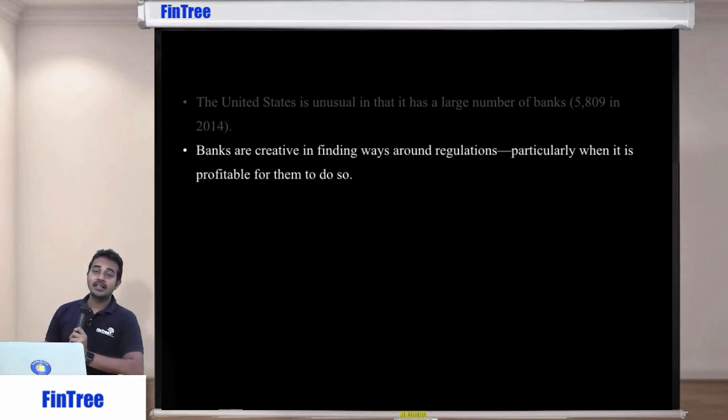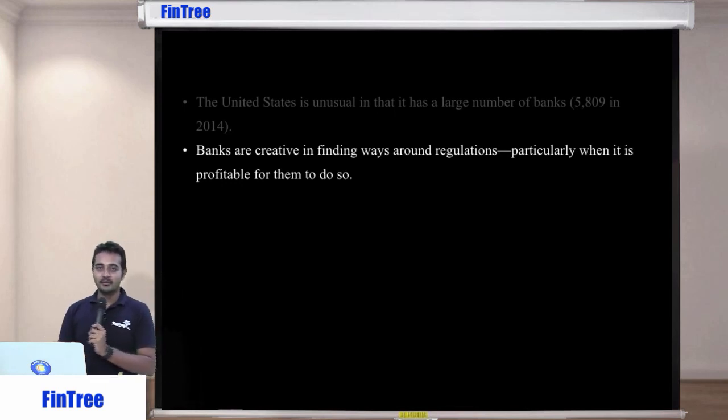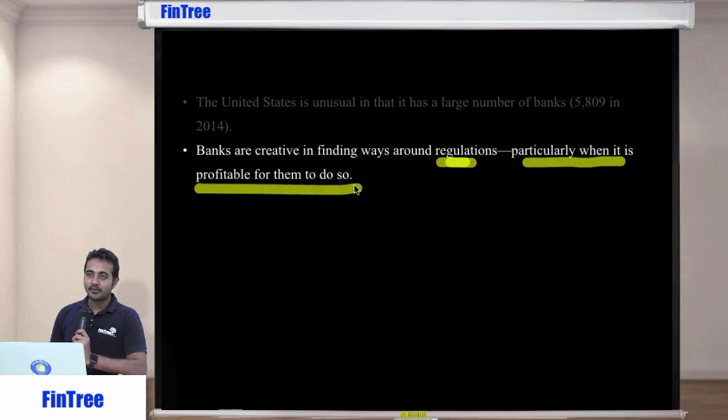There are cooperative banks even for Indians who've settled abroad; I recently got to know there's a cooperative bank in India which caters to Indians who've settled in Tanzania. Those people typically put their money into that cooperative bank. There are also cooperative banks for smaller communities. So banks are creative in finding ways around regulation, particularly when it is profitable for them to do so.